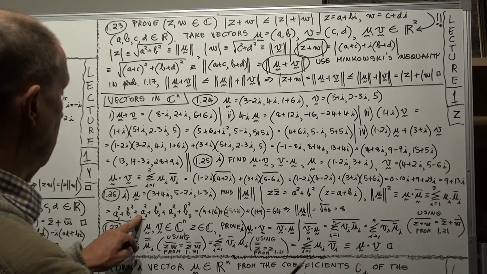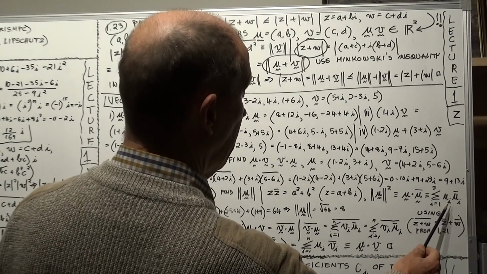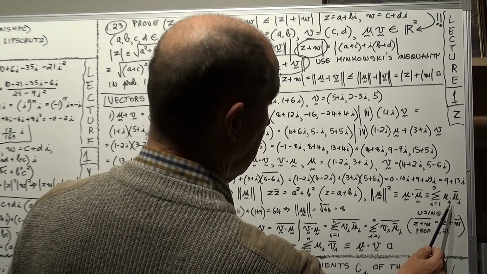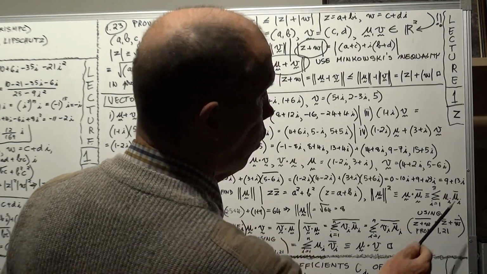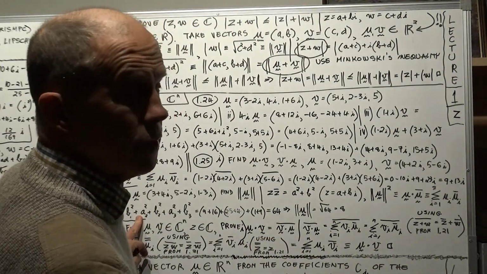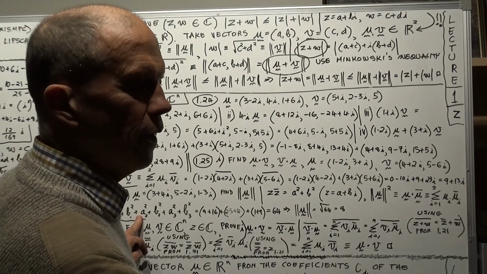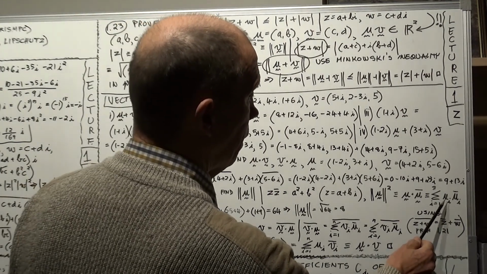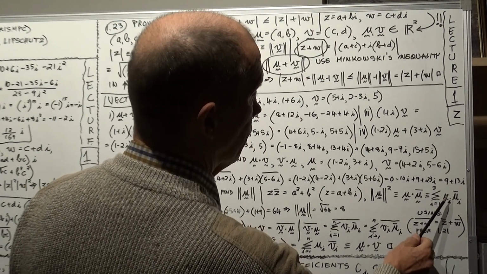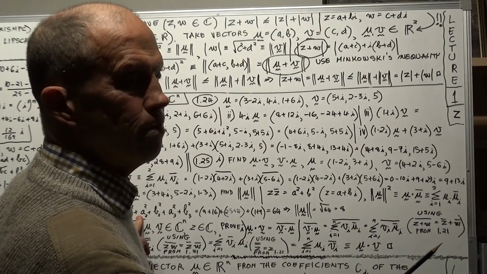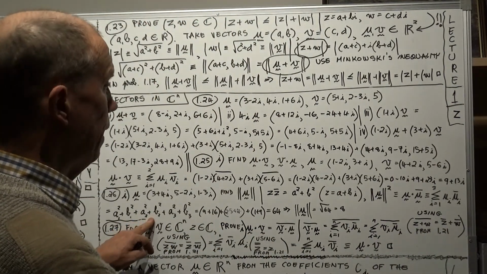So let u1 as a complex number be a1 plus b1 i, and let the second component of vector u be a2 plus b2 i, and so on.